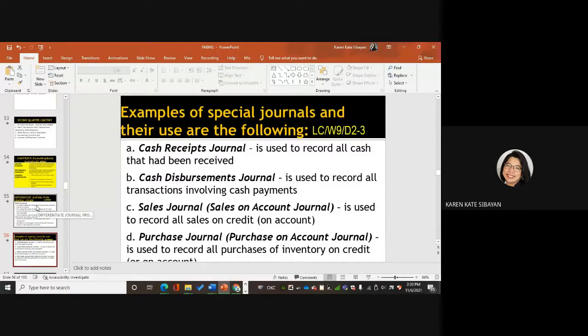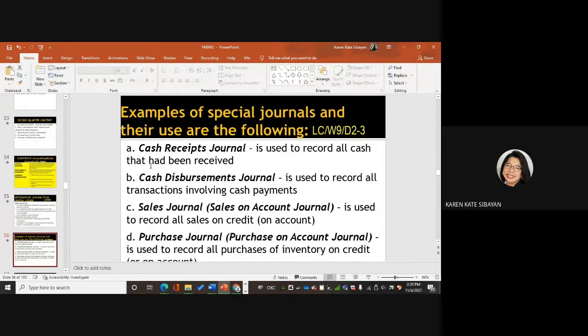Kung legal yan, bago ka maglagay ng record, not the other way around. Meaning to say, hindi ka muna maglalagay dyan nang hindi pa natatatakan ng BIR. Okay, dapat may tatak muna yan ng BIR. Okay? Then, saka mo siya gamitin.